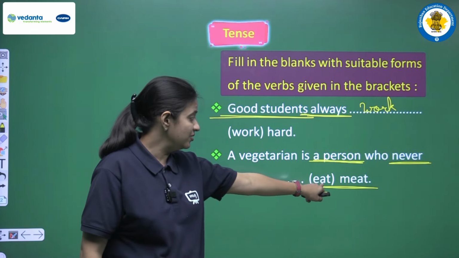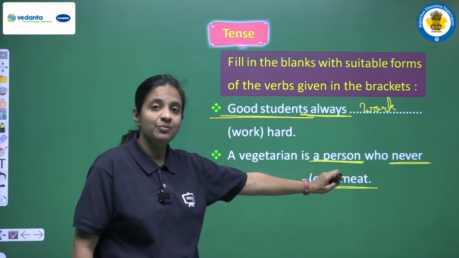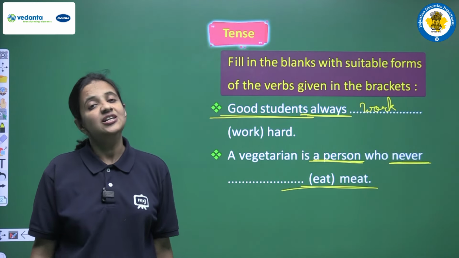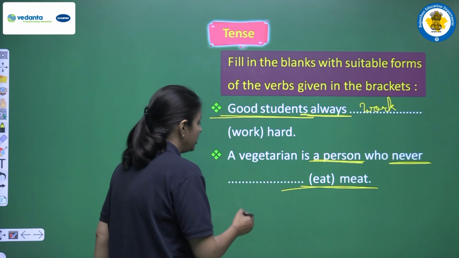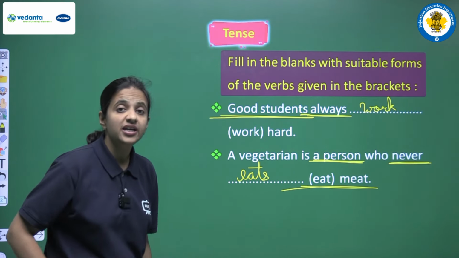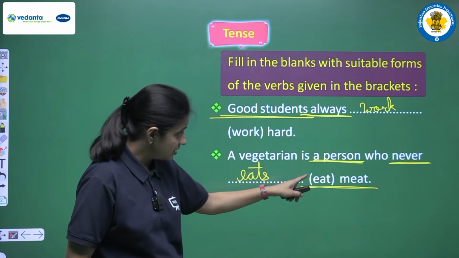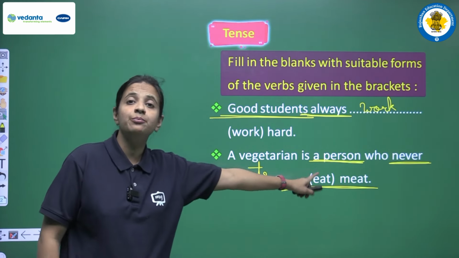As a helping verb we won't write anything because the helping verb will be hidden, and as a main verb here we have eat. So we will add s or es, so it will be eats, and our answer will be eats. And the complete sentence will be: a vegetarian is a person who never eats meat.